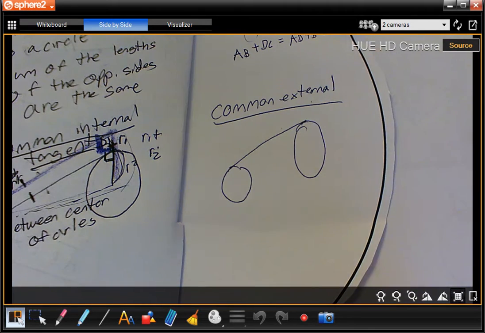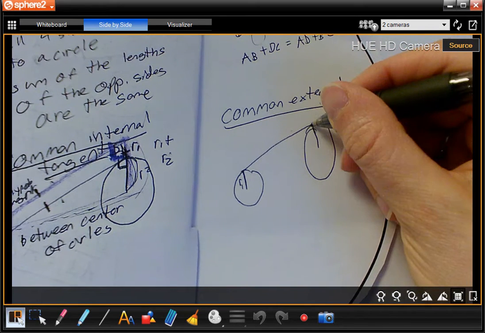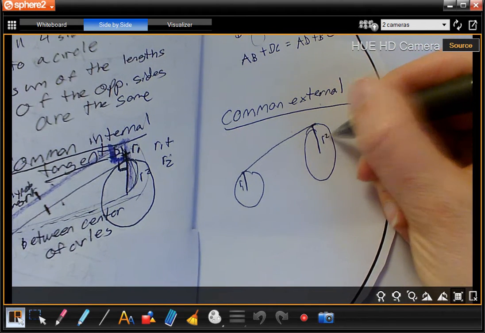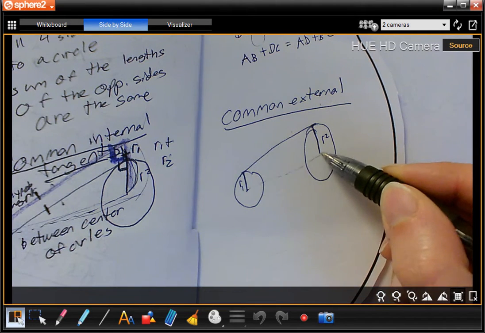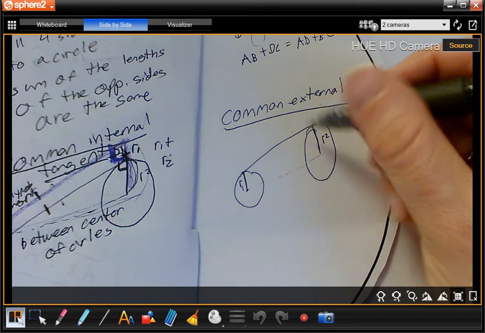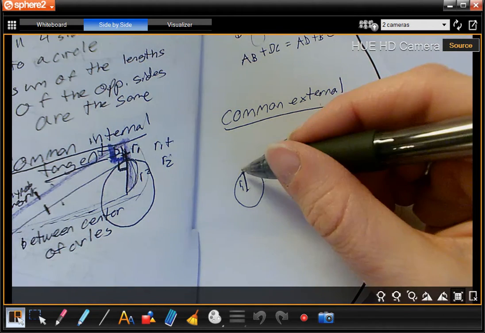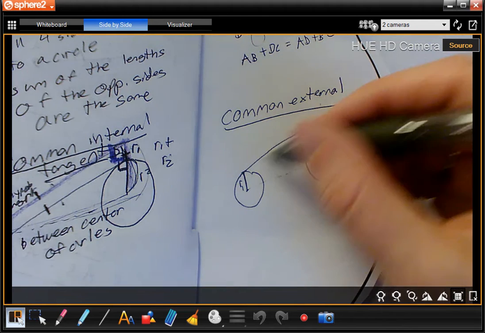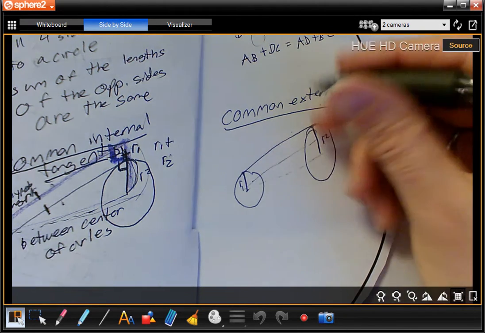And again, we've got a radius for 1, and we've got a radius for 2, and we've got right here, that's the distance between the two radii. And we can kind of right here be like, all right, we need to figure out what that is. So we can move this parallel down here.